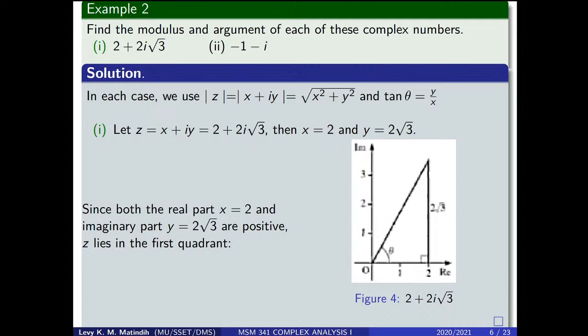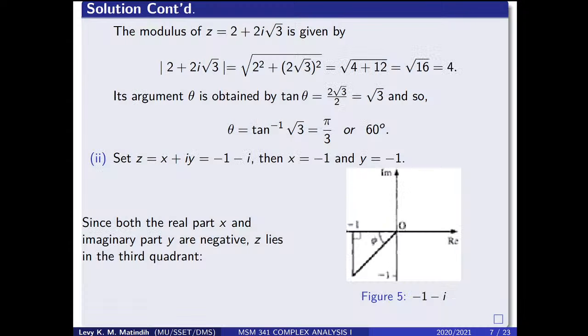Then from this, you should be able to tell that our angle theta, the argument of this complex number, must lie in the first quadrant. So now we need to find the modulus of this given complex number.